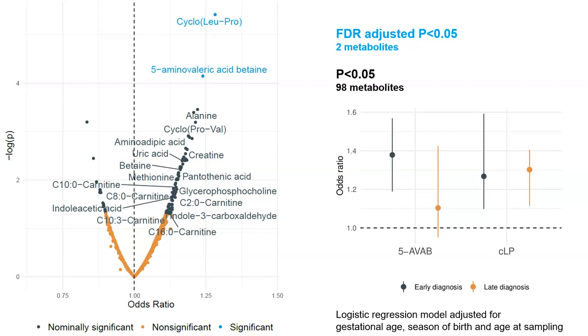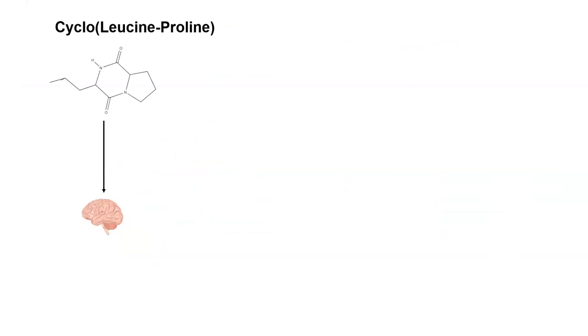All right, so of course you want to know a bit more what these metabolites actually are. Cyclo-leucine-proline is, as you can tell from its name, a cyclic dipeptide. And it's interesting because these molecules are known to be able to cross the blood-brain barrier. So it makes sense in this context that they are known to be present in the brain.